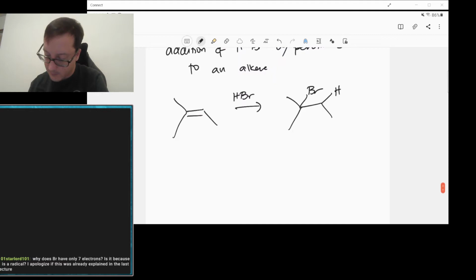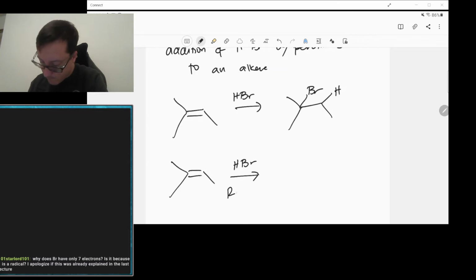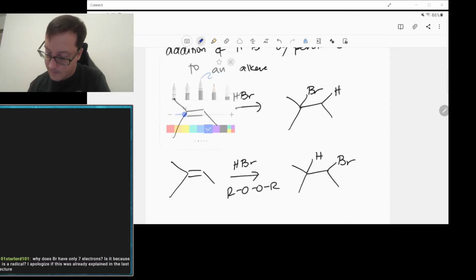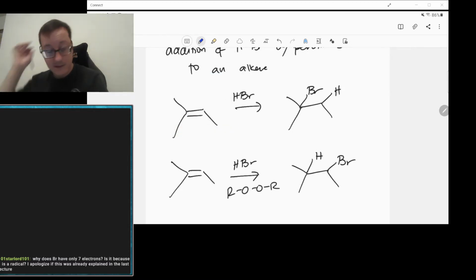However, in the presence of peroxides, we end up doing the opposite. And this will be very useful for us once we talk about these alkene reactions. We're going to study this one later, and we're going to see why.